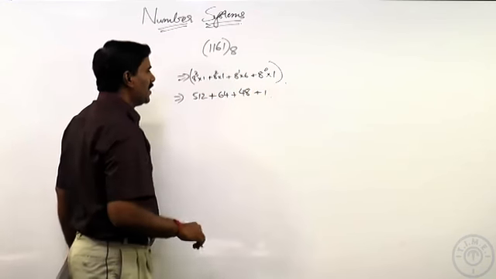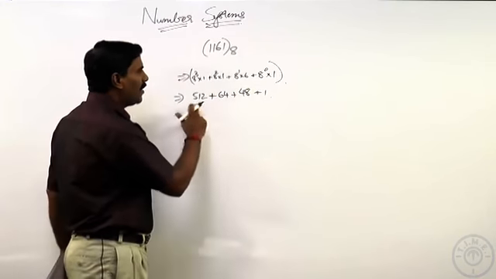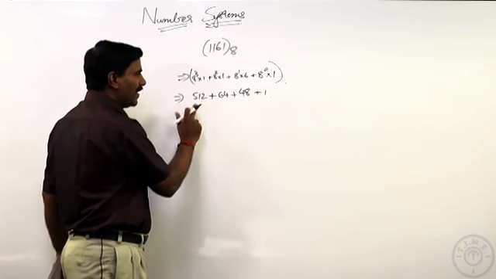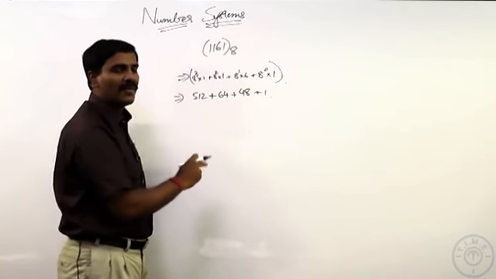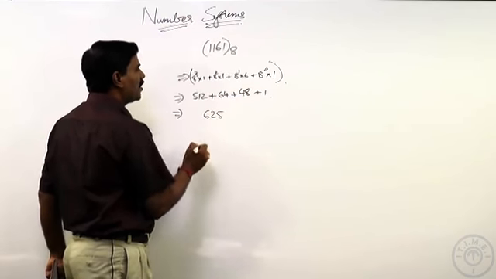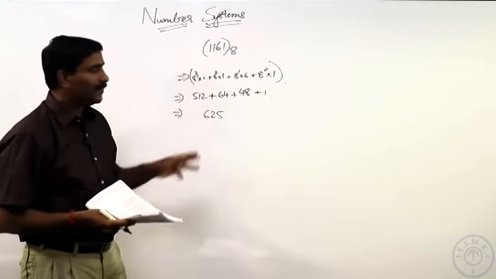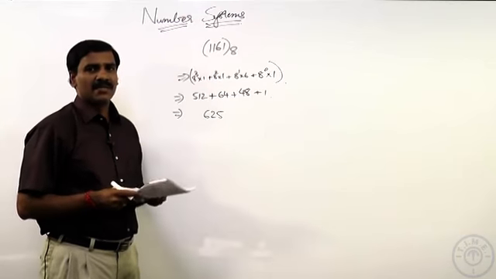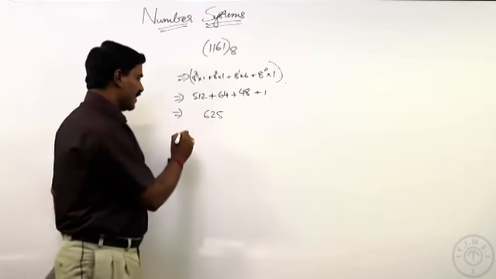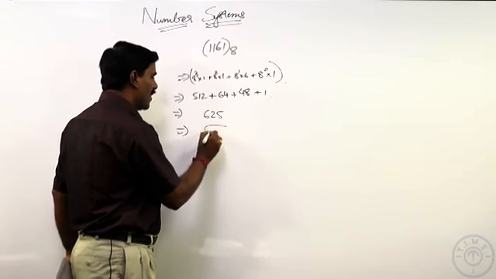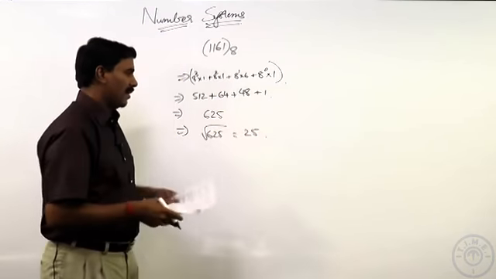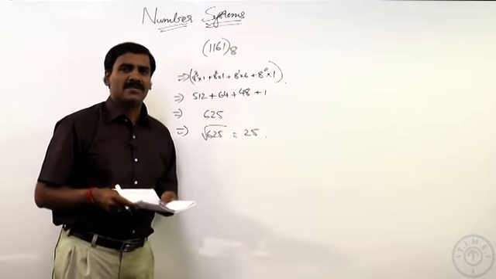If you observe carefully, 512 plus 48 is 560, 560 plus 64 is 624, 624 plus 1 is 625. 625 is in the decimal system, and the square root of 625 is basically 25. We are looking for the square root of this number.